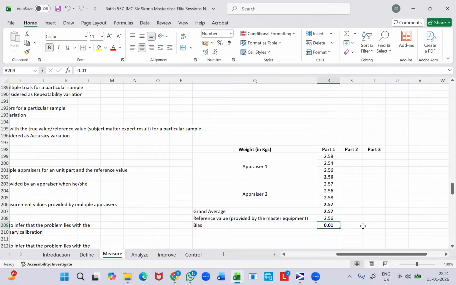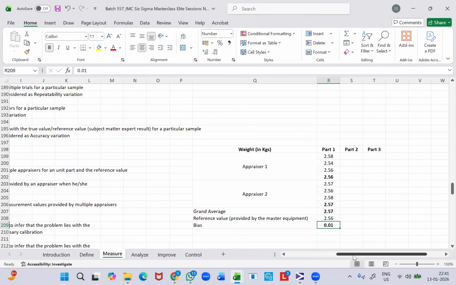We can simply calculate the repeatability and reproducibility variation alone. But if you have the sample unit measured by that master equipment in the central laboratory, we can also calculate the third metric, which is bias. Similarly, in the discrete scenario, if you do not have the provision to get the sample units inspected by the subject matter expert, then we cannot calculate the accuracy part. We will be able to calculate only the repeatability and the reproducibility.